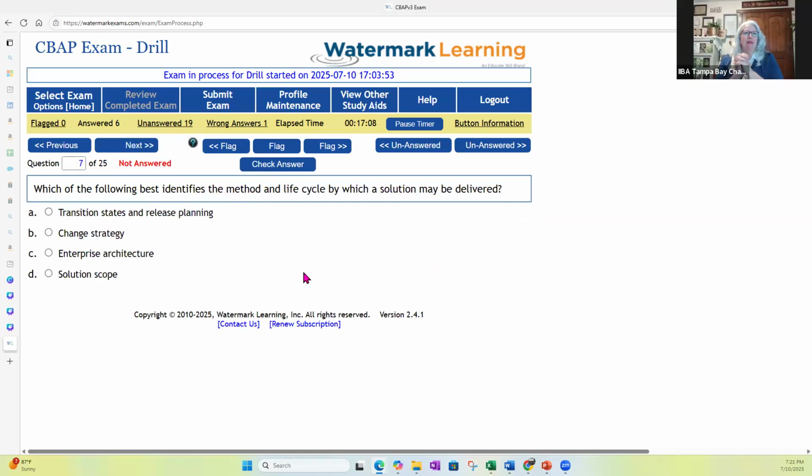Which of the following best identifies the method and life cycle by which a solution may be delivered? Is it transition states and release planning, change strategy, enterprise architecture, or solution scope? Is it transition states and release planning?